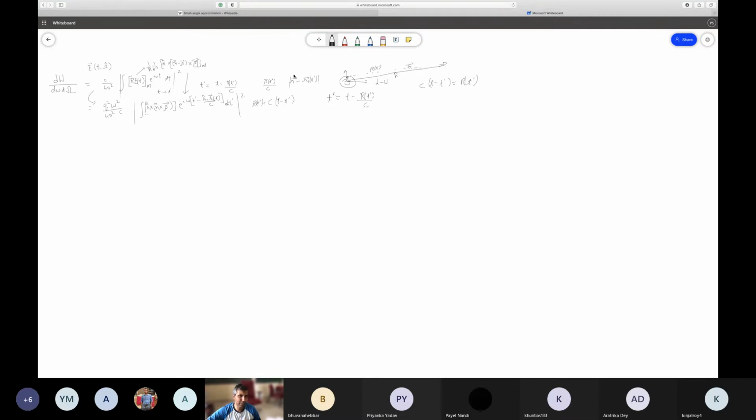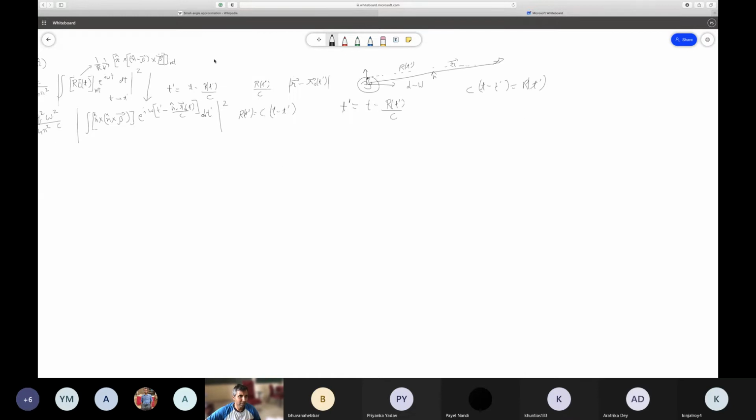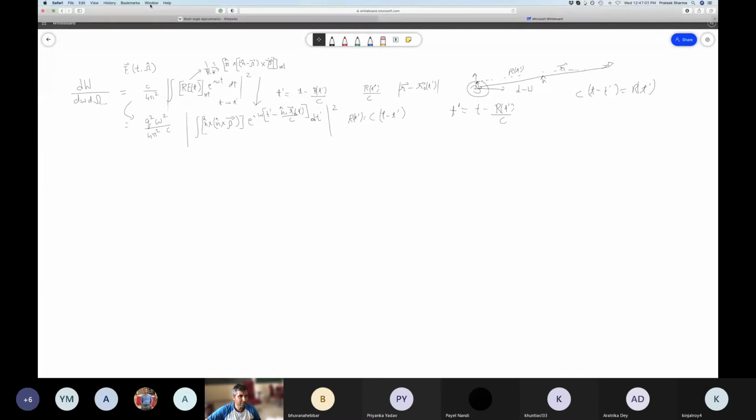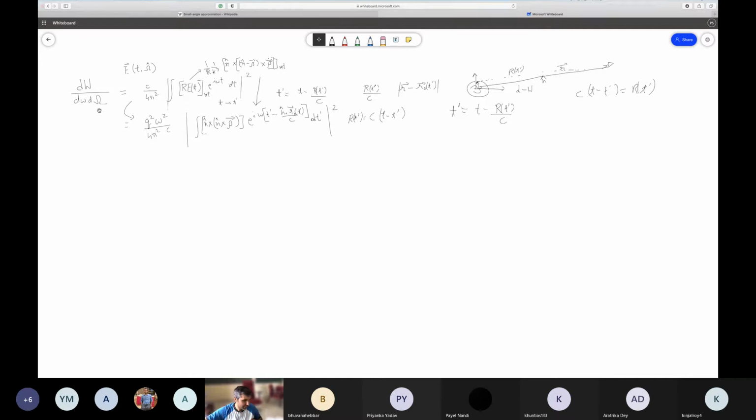Anyway, this we have already done in great detail previously. I'm sorry about this mess because this is not a good platform. Okay, so now let's apply this formula.